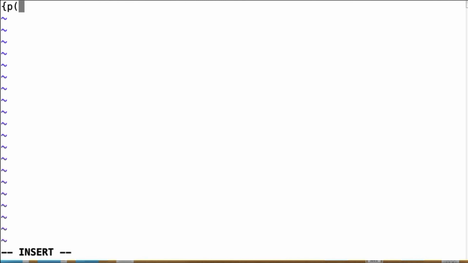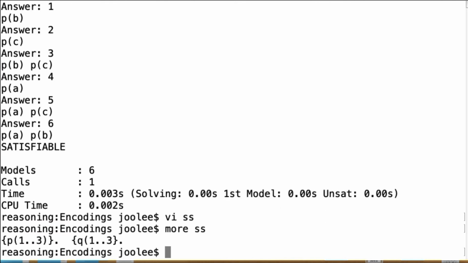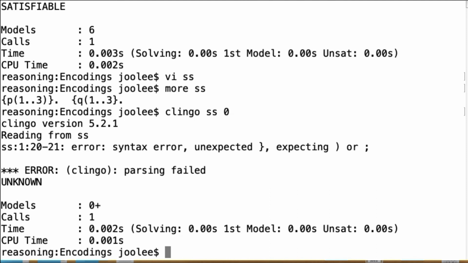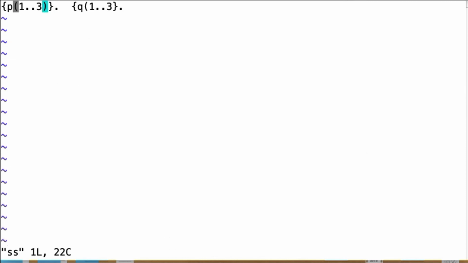So P1..3. Okay, so this is the program. So let's ask Clingo to return. What is this? I had a typo. I didn't close the parentheses.